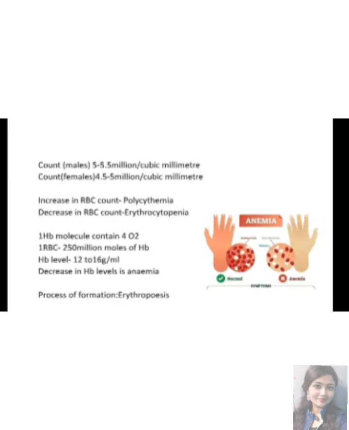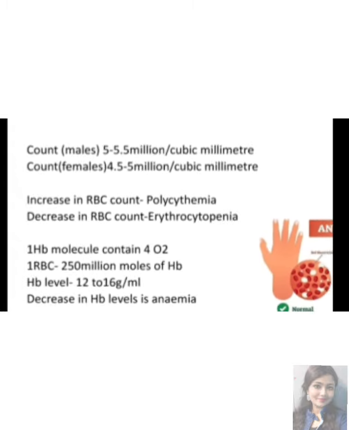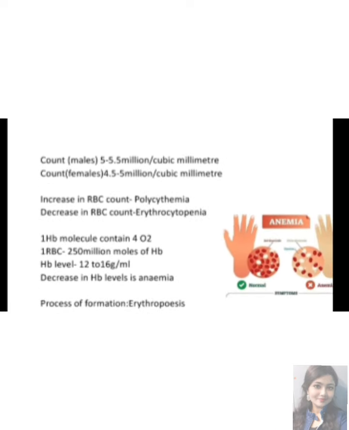To be noted that one hemoglobin molecule contains 4 O2 molecules, and one RBC contains 250 million molecules of hemoglobin. And also remember that the normal hemoglobin level in the body is 12 to 16 gram per ml. Again, here a disease is involved which is called anemia.